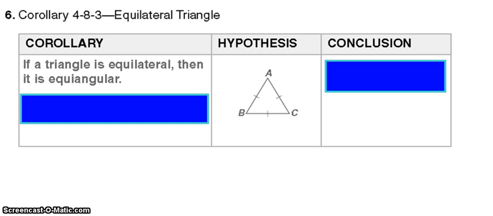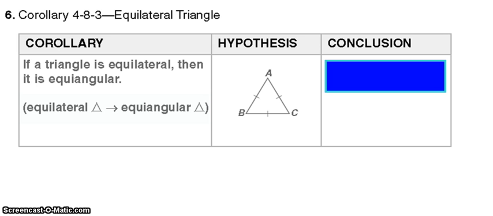Corollary. It follows the theorem. The first corollary: if a triangle is equilateral, then it is equiangular. A shortened way to write this: equilateral triangle implies equiangular triangle. This little arrow right here means the word implies.